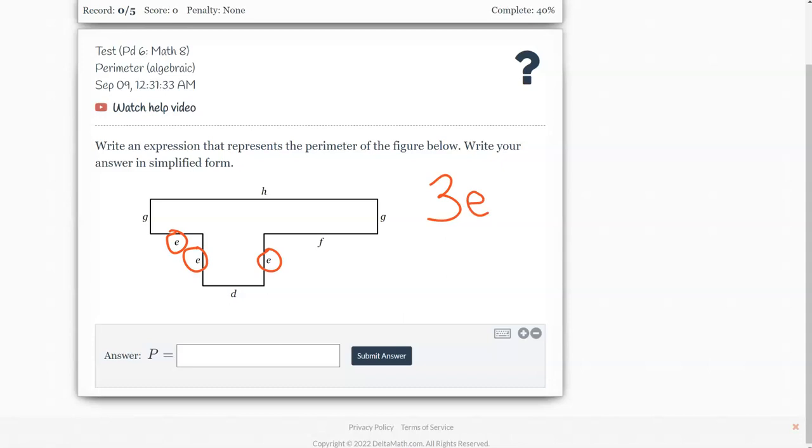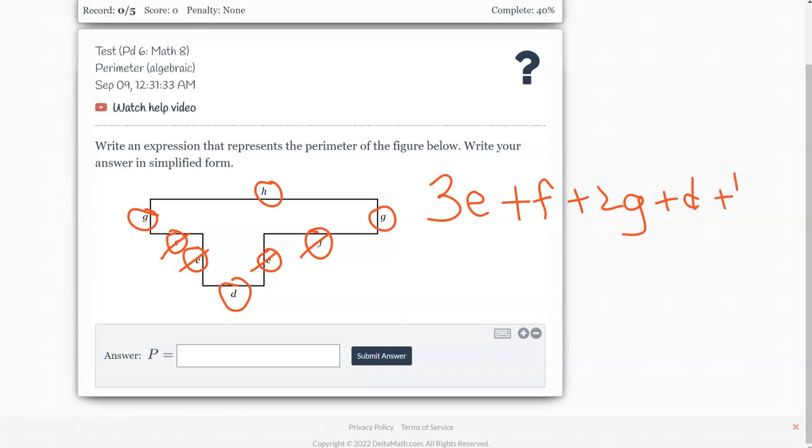I've got 1 D, 1 F, 1 G, 2 G's. I've got 2 G's, so 3 E's, 1 F, but I have 2 G's. And then I also have 1 D and 1 H.